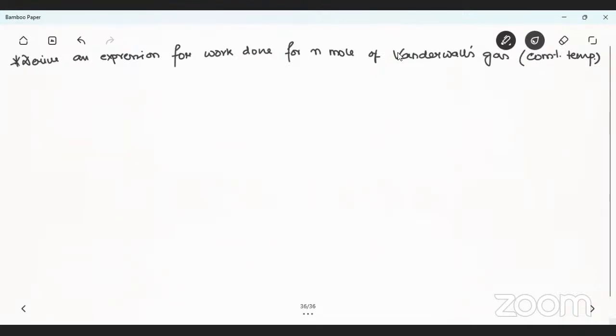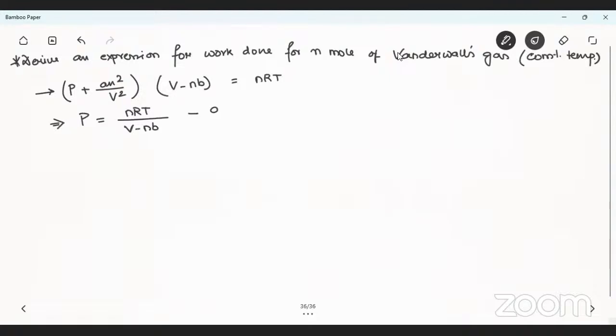For van der Waals gas, remember that the formula PV equals nRT changes. The formula becomes (P plus n square a by V square) into (V minus nb) is equal to nRT. From here, what can we write? P is equal to nRT divided by (V minus nb) minus n square a divided by V square.